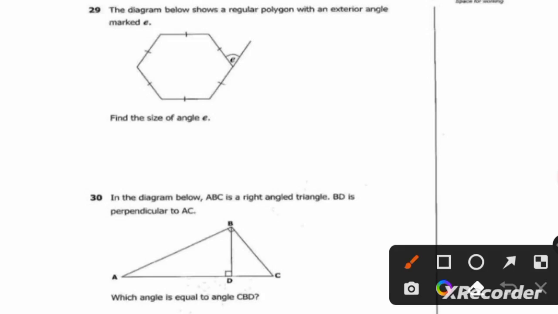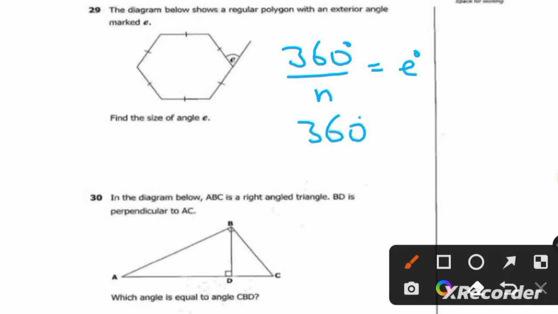Okay. So this is the formula that we are going to use. 360 degrees over the number of sides is equal to the exterior angle, which is E. The number of sides is 6.